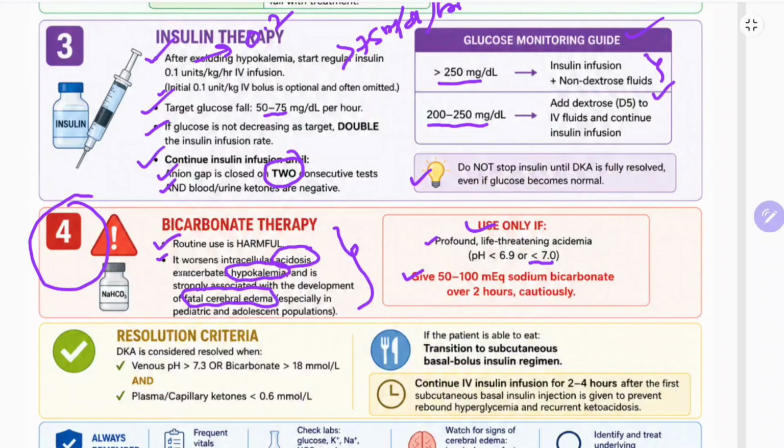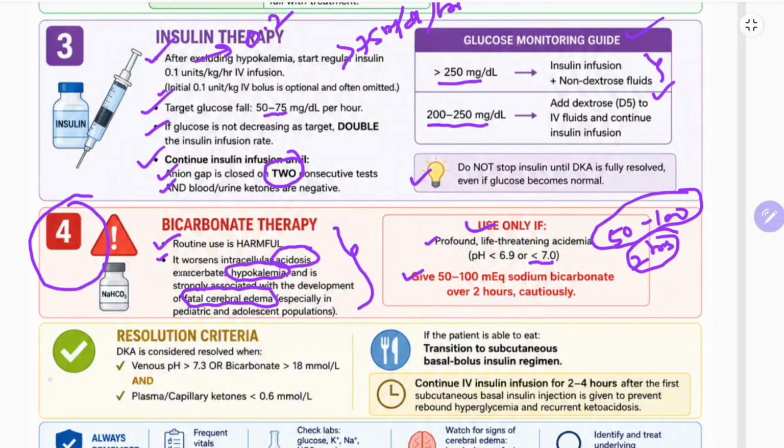It is indicated only in severe cases, otherwise it is not needed. So first is volume, second is potassium, third is insulin, fourth is correction of the cause.